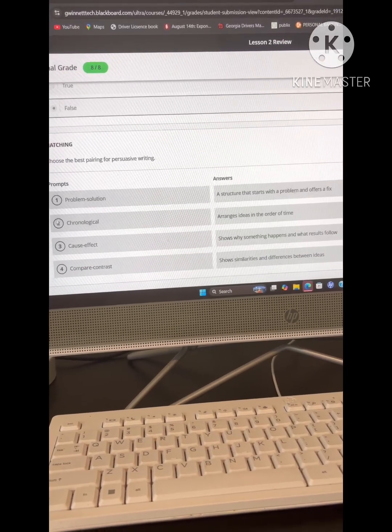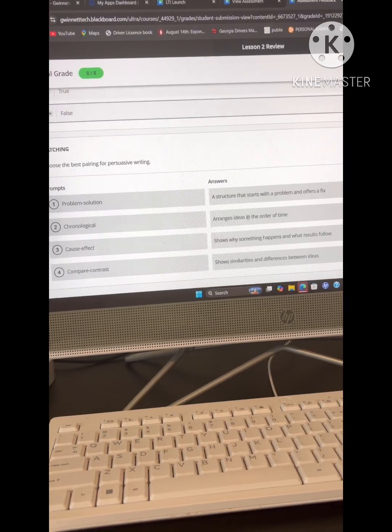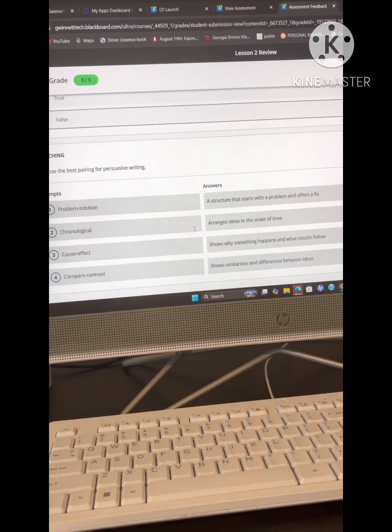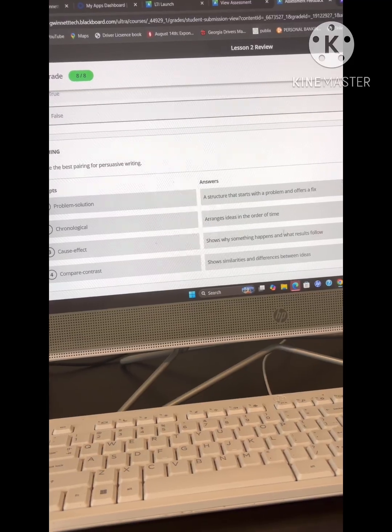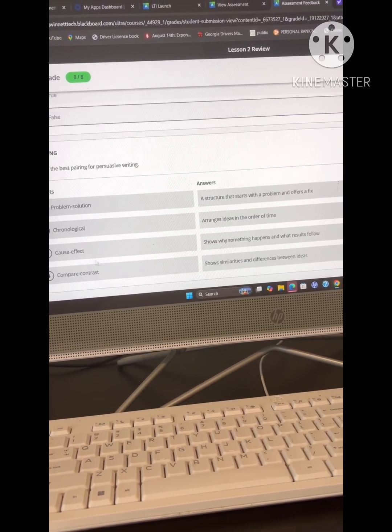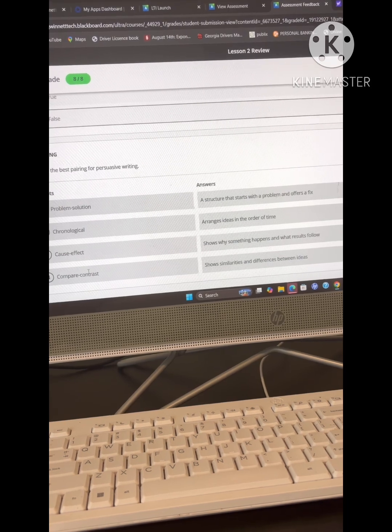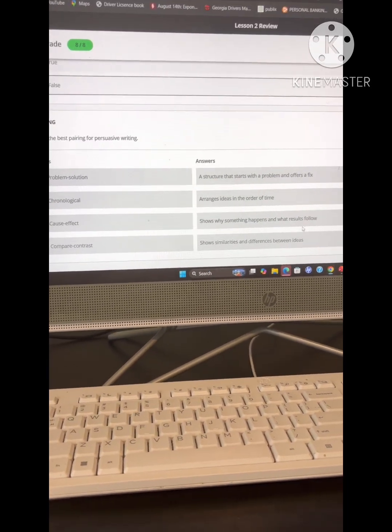And then I did chronological, arranges ideas in order of time. And then number 3, I did cause and effect, shows why something happens and what results follow. And then for number 4, I did compare, contrast, and I said show similarities and differences between ideas.